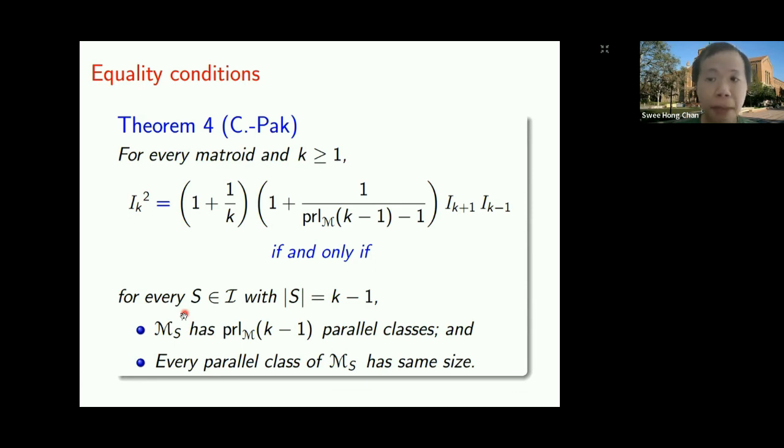This thing I have not defined, but you can think of this as the codimension 1 faces of the matroid. And the condition says that all of the codimension 1 faces are the same. And the second one is basically saying that all codimension 2 faces are the same. And it turns out that these two conditions on the codimension 1 faces and codimension 2 faces are the equality conditions. That once it's achieved, you actually achieve equality. Okay.